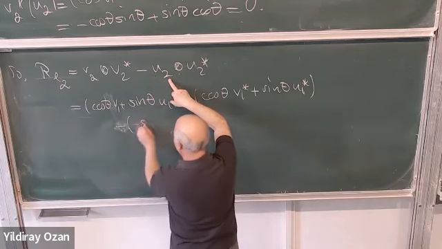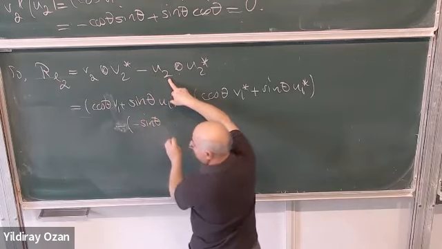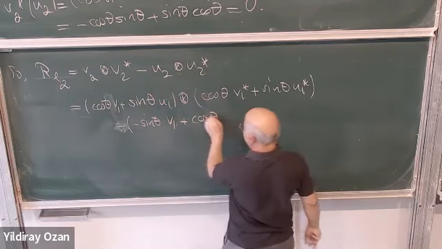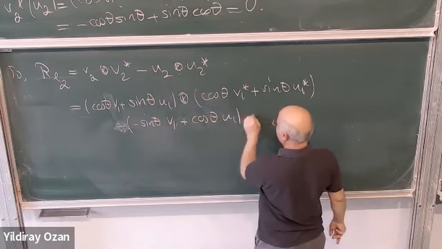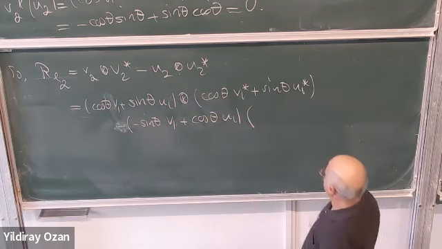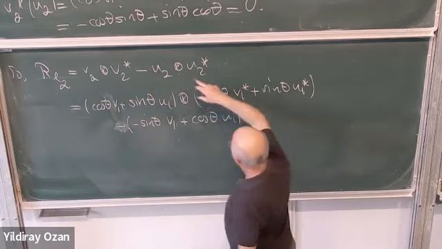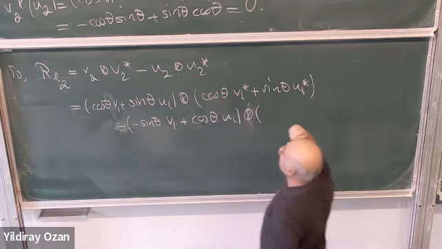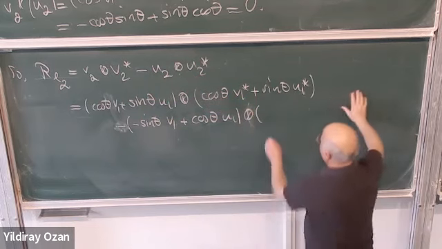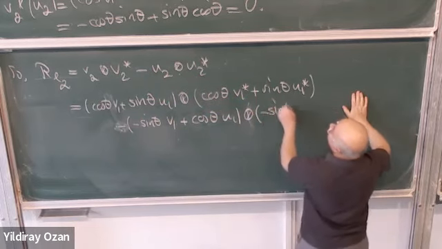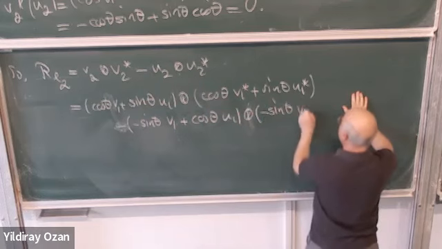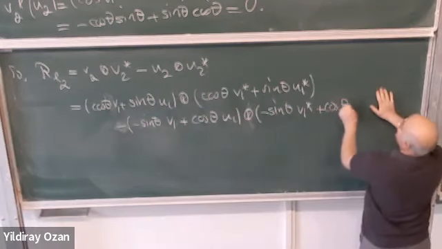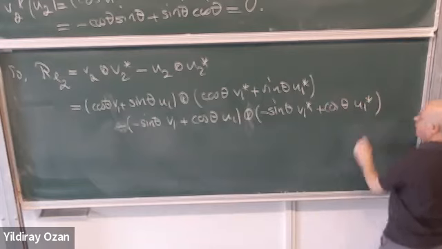U2 is minus sine theta V1 plus cosine theta U1. And then here I have U2 star: minus sine theta V1 star plus cosine theta U1 star.